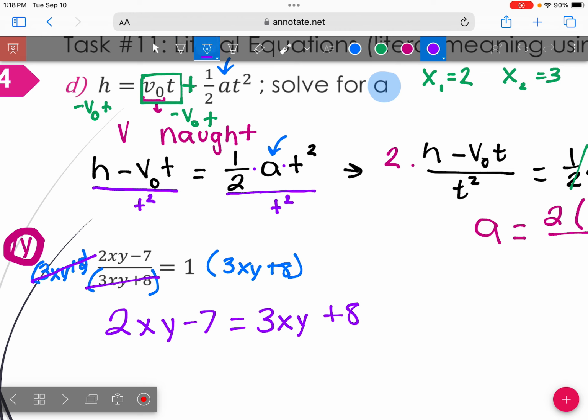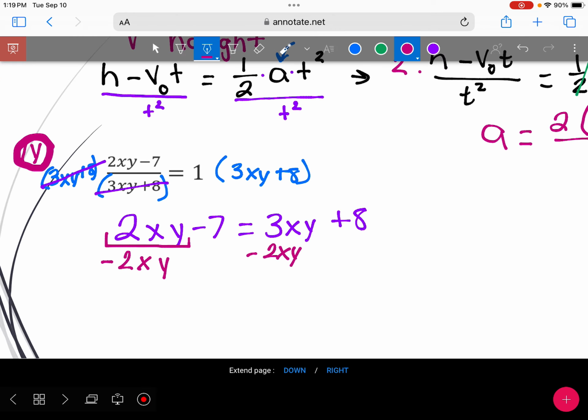I've got y's on both sides here. 2 or 3, whichever side you want, right? So if we don't like negatives, move the smaller one. Whichever one's smaller will give you fewer negatives. I'm going to take the whole 2xy chunk and subtract it on both sides. Minus 2xy. Because I want to get those y's together. Because I don't want y's on both sides.